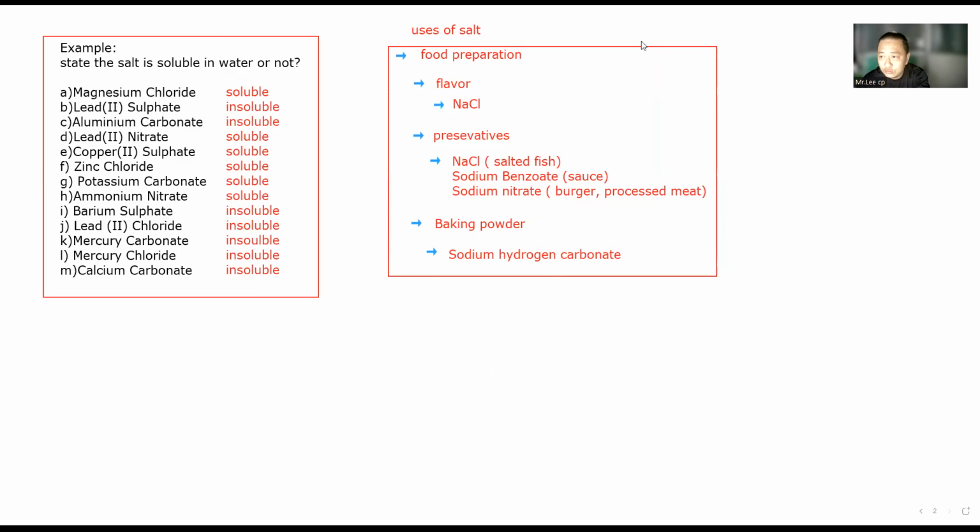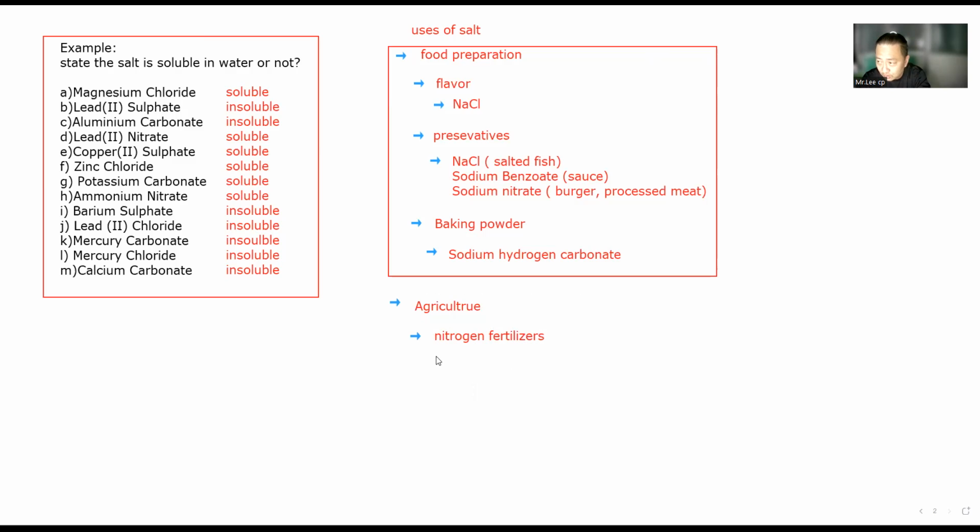Not only food, right, in other fields like agriculture, we also use salt. For example, nitrogen fertilizer, right?